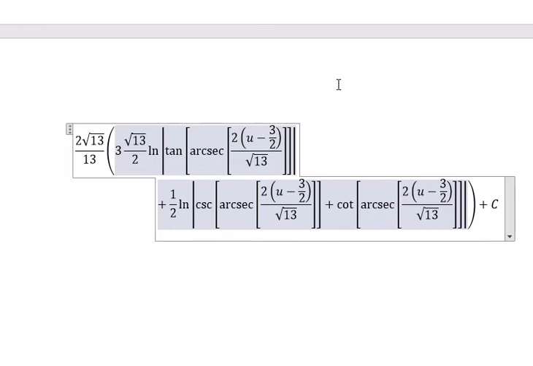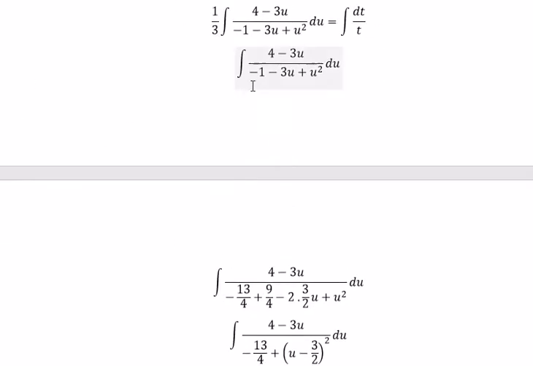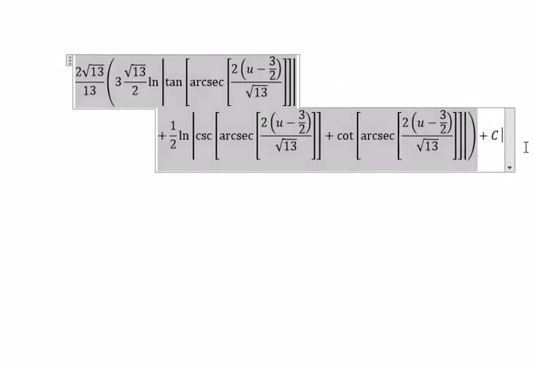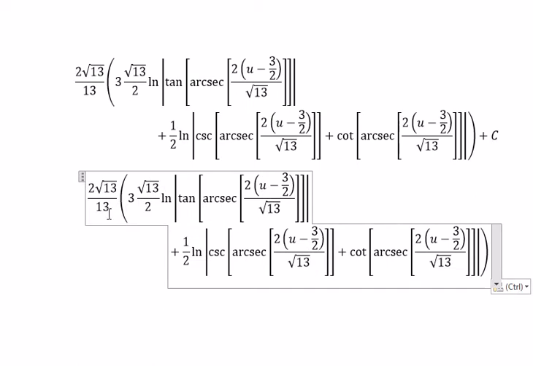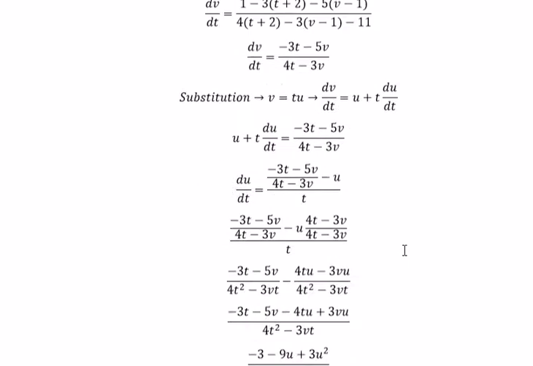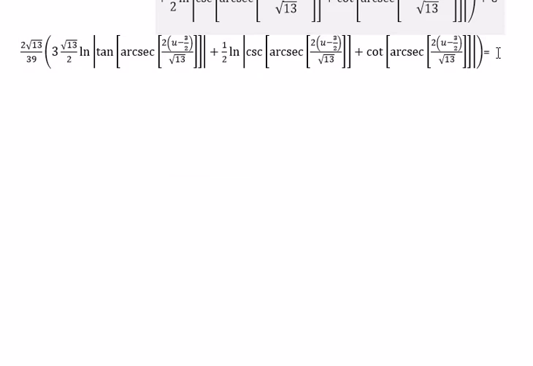We have just like this. And we return back for this one with 1 over 3. So you get 39. And now on the right, you get dt over t. So you get ln of the absolute value of t plus c.